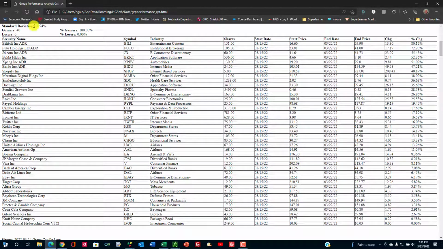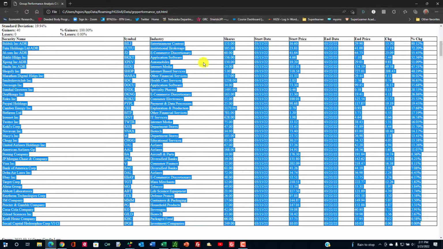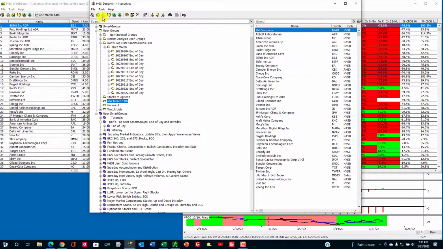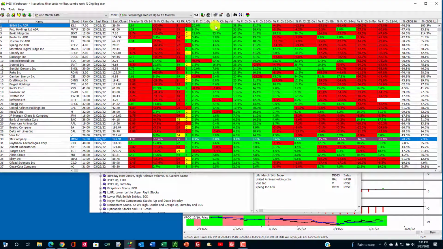So what I've done is I copied this into a spreadsheet, and then I pulled the symbols out of this view, and I created a UNR group from the 14th. I'm going to click through to a warehouse view, and the 5-day sort on here.